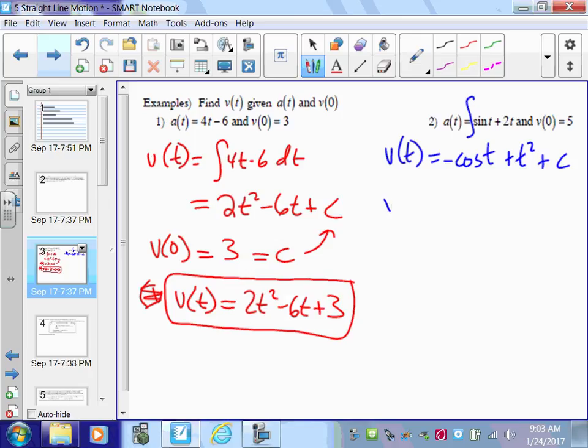And again, since v of 0 is 5, that's c, so v of t is equal to negative cosine t plus t squared plus 5.